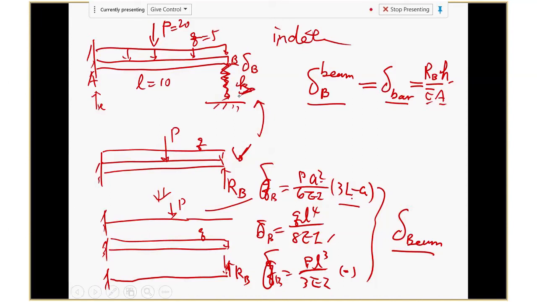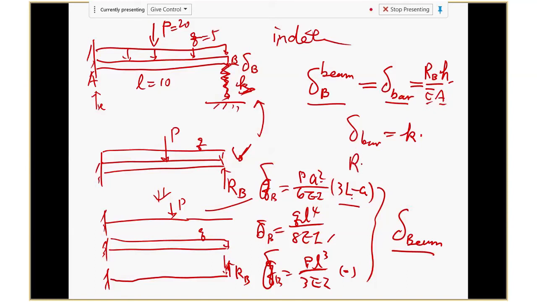Actually, it seems not the same. What we know is K. What does that mean? That means we know that the delta bar will equal to K times what? What's the K mean? Spring constant. That means force is proportional to the deformation.